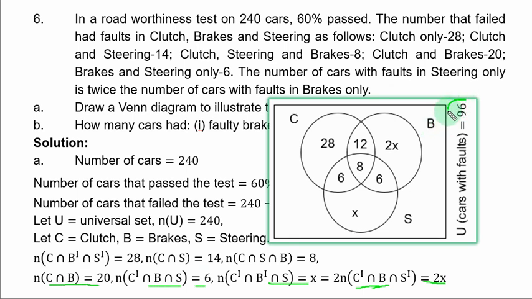You can see crash, brakes and steering, they are 96. So we start with cars with the 3 faults, that is 8, intersection of the 3 faults. From the question, those with crash issue only, they are 28, no business with brakes and steering, that is 28.